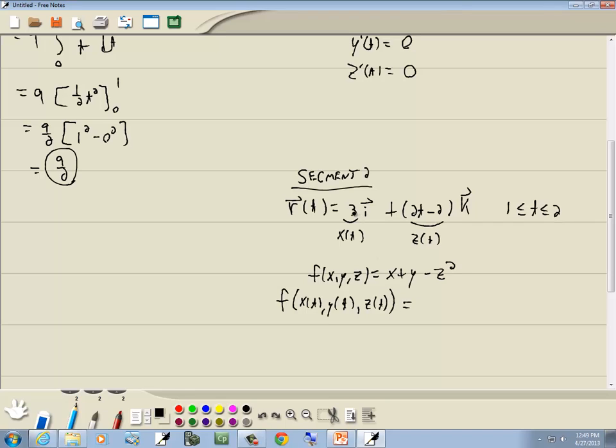Well, x we said was 3, so put that in for the x. So we got 3. Y we got 0 minus z, which was 2t minus 2 squared. So 2t minus 2 squared, 2t minus 2. So we got 3 minus, and that gives us 4t squared minus 8t plus 4.